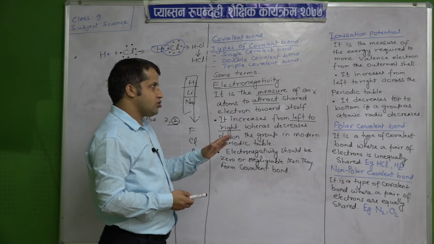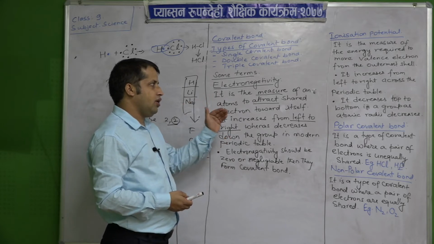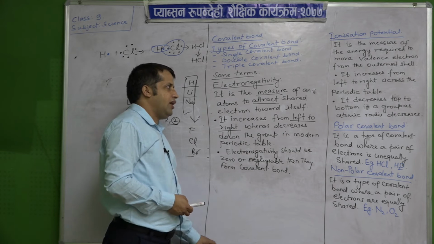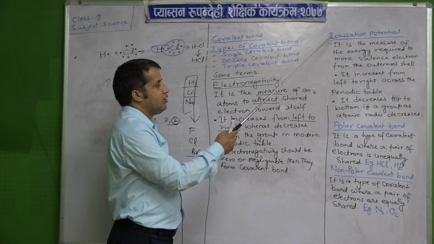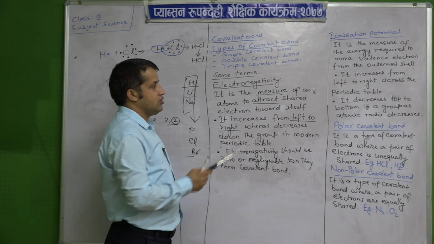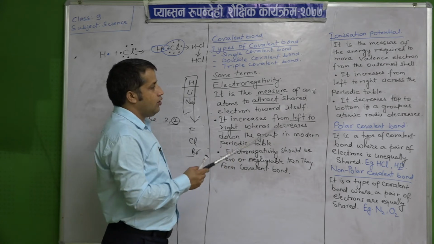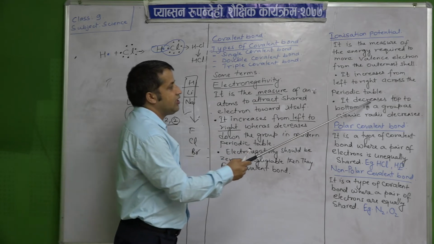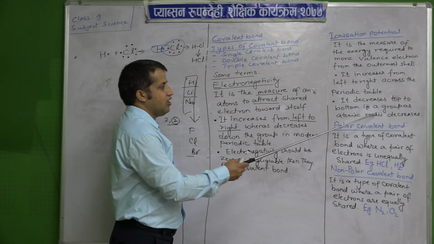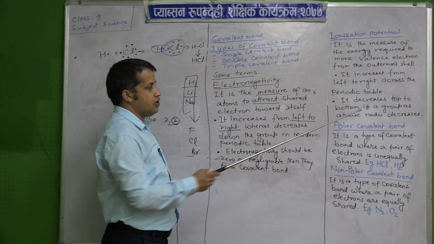When we move from left to right, the ionization potential increases. And when we go down from top to bottom in the periodic table, it decreases as the atomic radii increases.